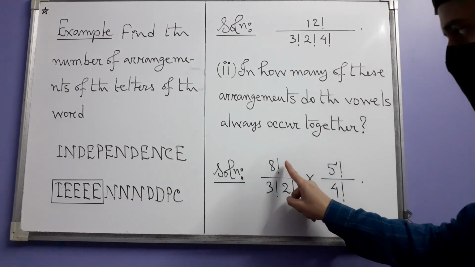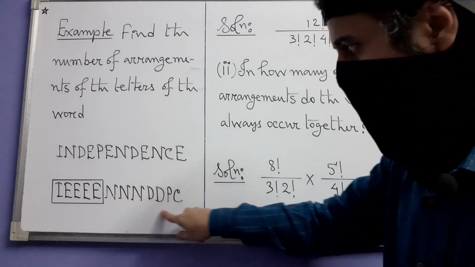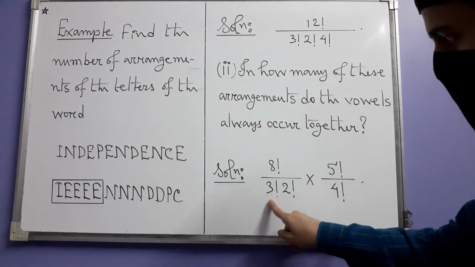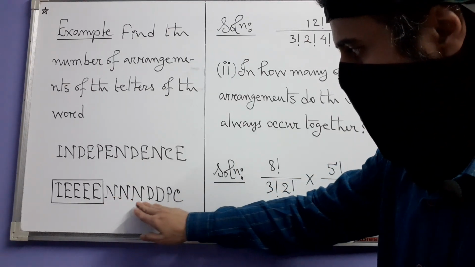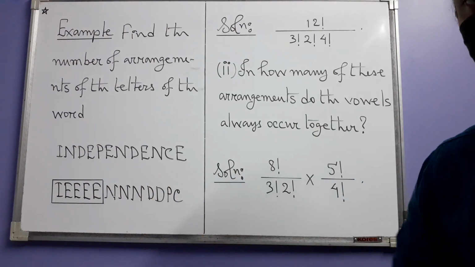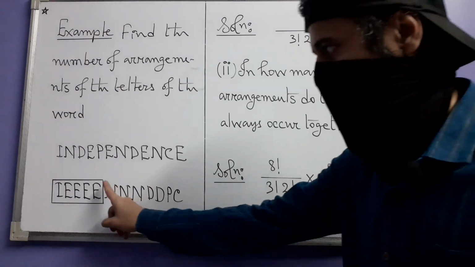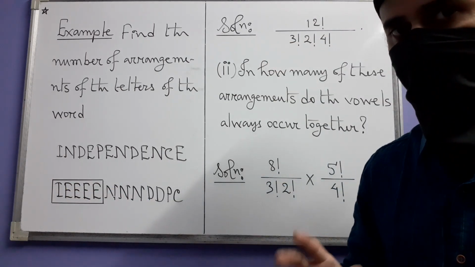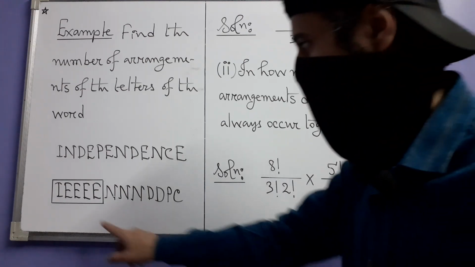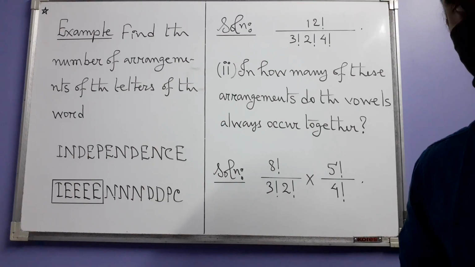So you start by writing 8 factorial. To take care of these repetitions, you divide by 3 factorial and 2 factorial. 3 factorial because of these 3 N's and 2 factorial because of these 2 D's. However, this single unit also has something happening inside of it because there are 5 objects here, right?